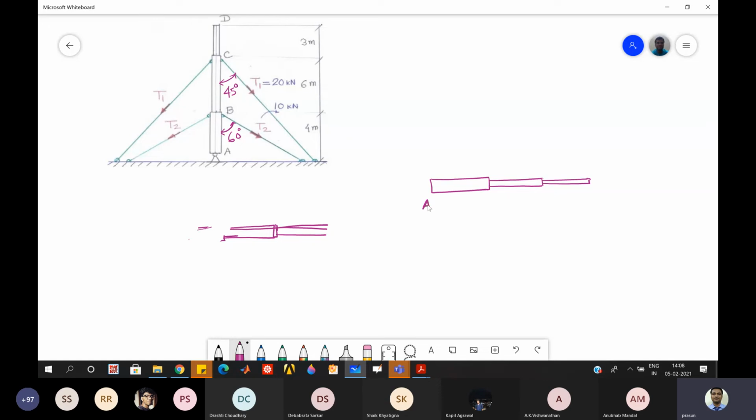So this is A, this is B, this point is C and D. At this point there will be some force coming in the axial direction. There could be some load in the perpendicular direction, but because this is symmetric, the component T2 sine of this angle will be cancelled by this component here.